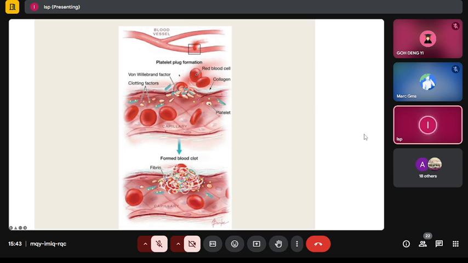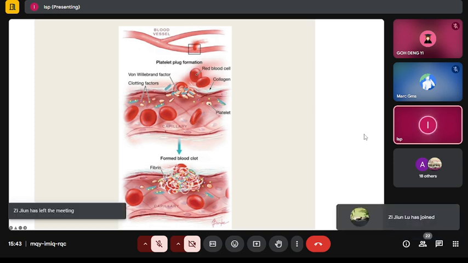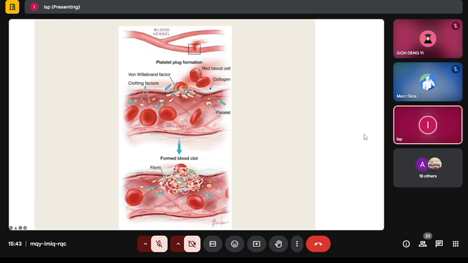All this is because of the release of cytokines and inflammatory markers, which attract the platelets. Platelets are very sticky to the injured endothelium. So you form your plug at the endothelial leakage and try to plug the hole with a platelet plug.